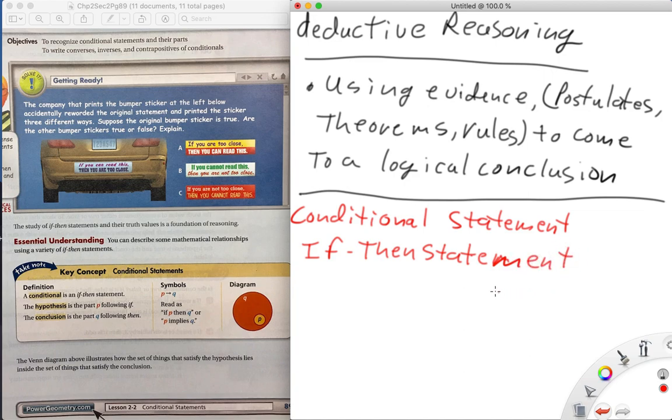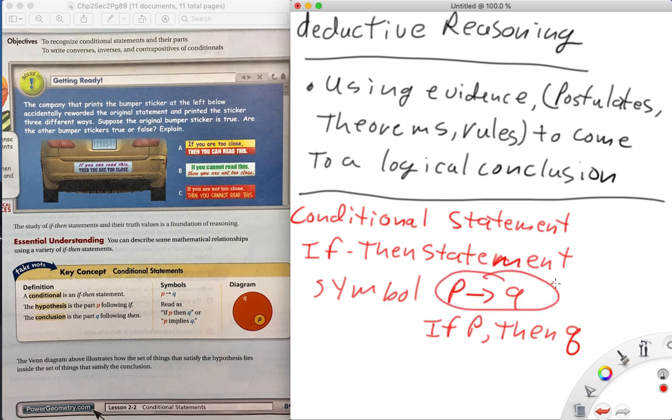The symbol for this if-then statement is P then Q. This means if P then Q.